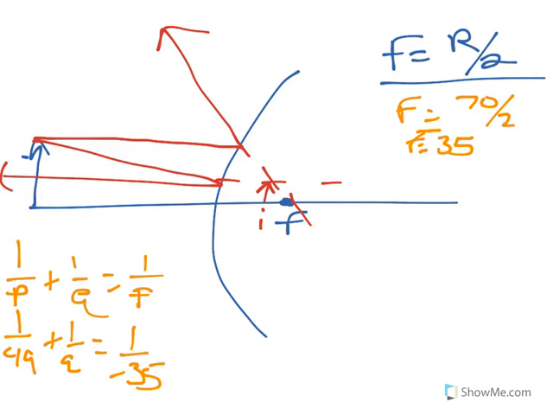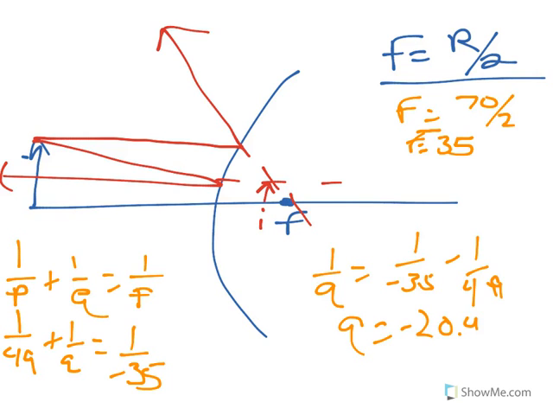So if I do that, I should get 1 over Q equals 1 over negative 35 minus 1 over 49. And if I do this, I should get that my image is equal to negative 20.4 centimeters behind the mirror. So that works out well.